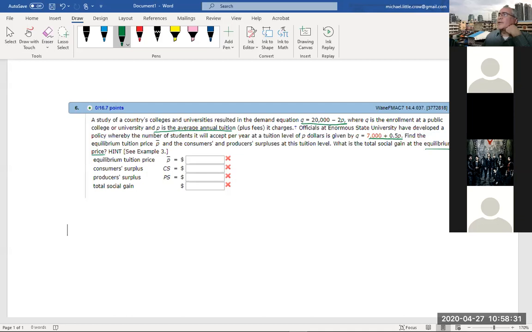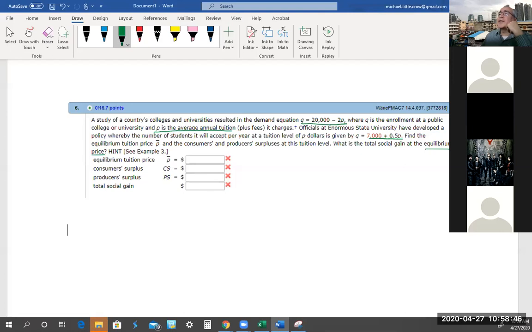It's where do these two intersect? Because this is how many they're going to accept, and this is how many are demanding to get in, but they're only going to accept this many. So that would give us the P value. We'd want this first Q, which is the demand equation, and the second one, the supply equation, basically, where are they equal? I see how this is going to work.